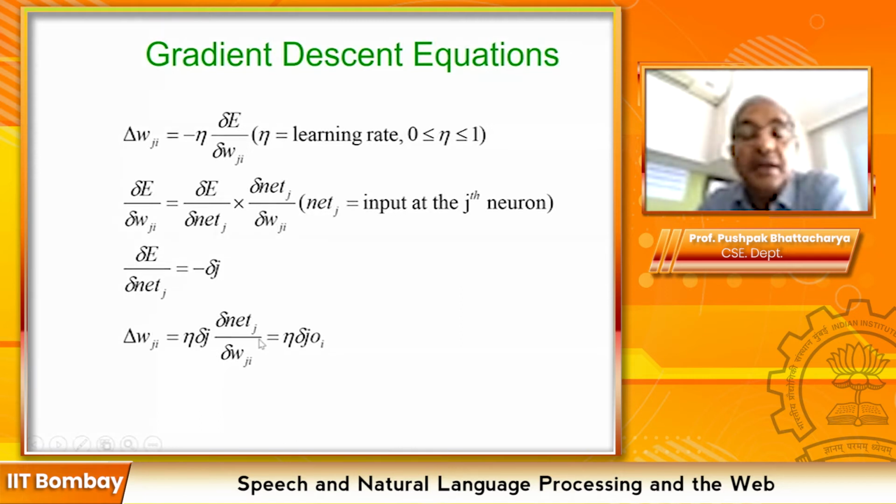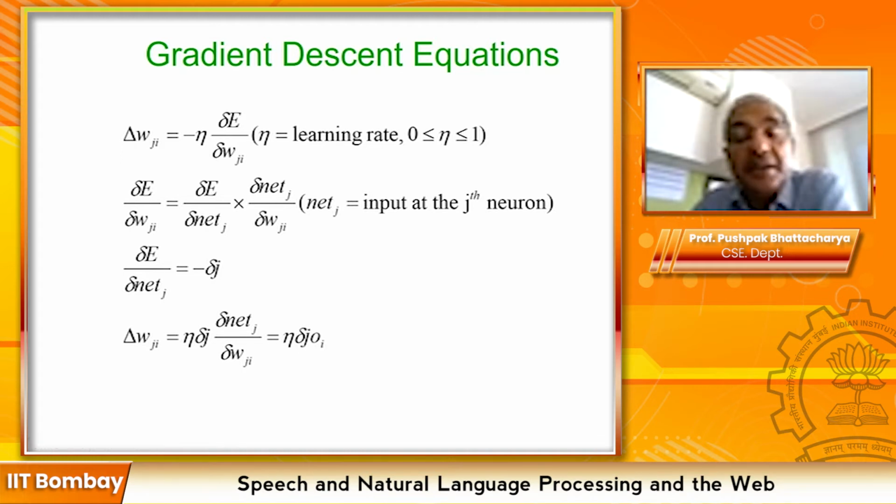So net j is a summation of terms, only the term which has wji remains, and the term which remains as a result of partial differentiation is OI, the output coming from the ith neuron. So change in weight is eta into delta j into OI.